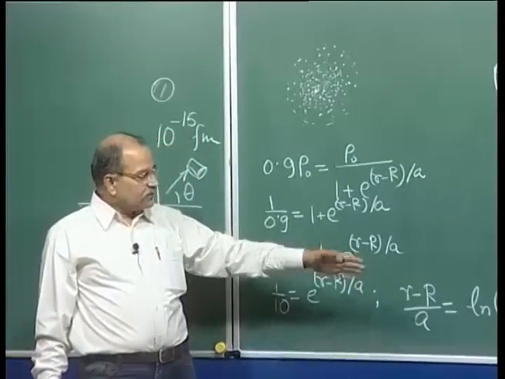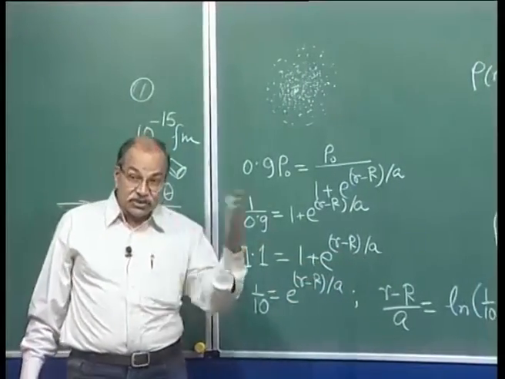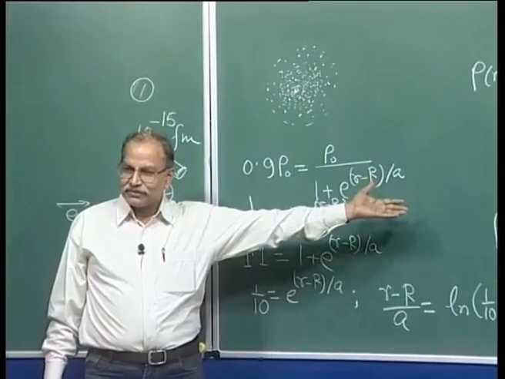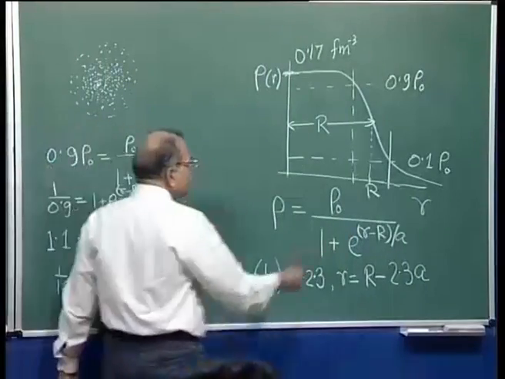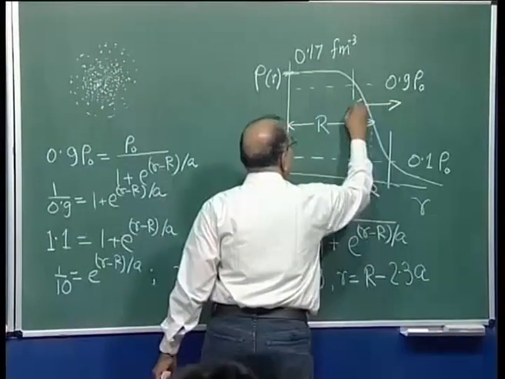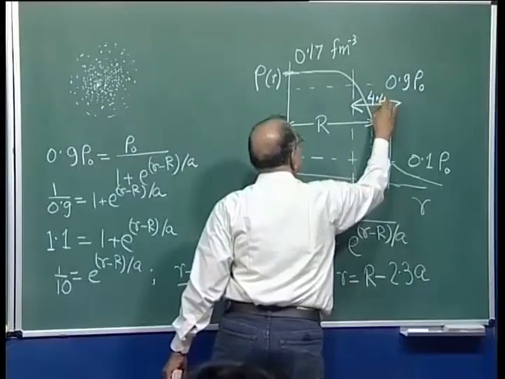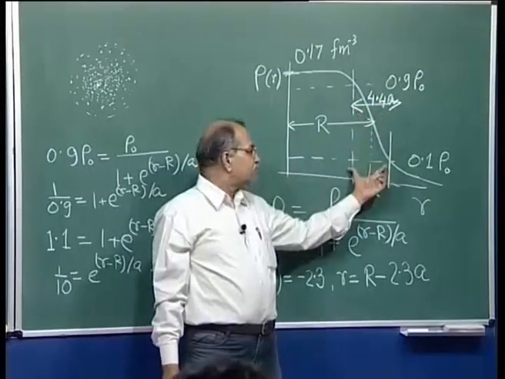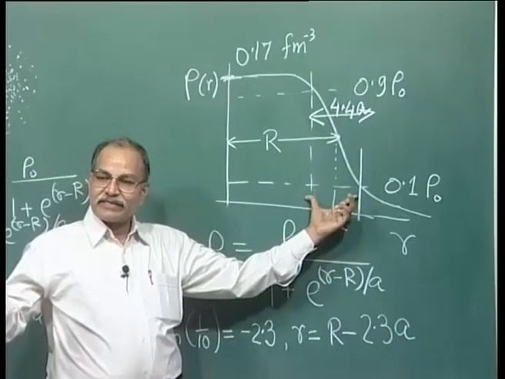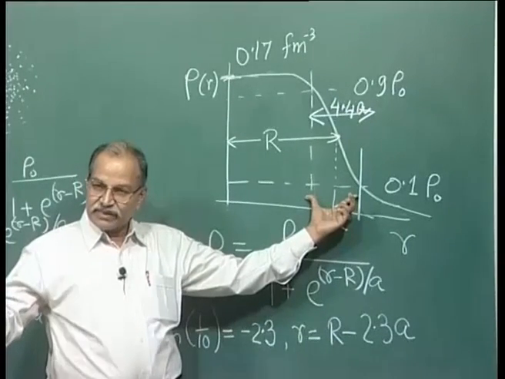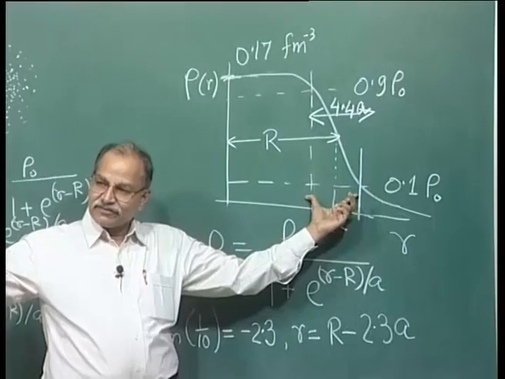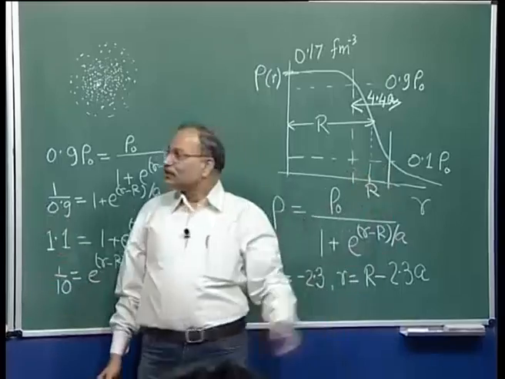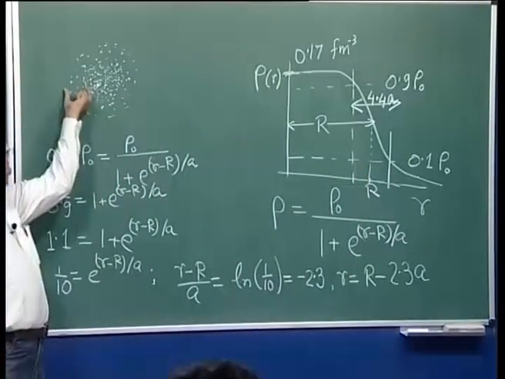One can also calculate that, put 0.1 here and do a similar calculation, and you will find that roughly it is capital R plus a similar value, 2.2 A or so. So, this separation will be almost 4.4 times A. Which separation? The distance at which it falls to 90% and the distance where it falls to 10%, right.